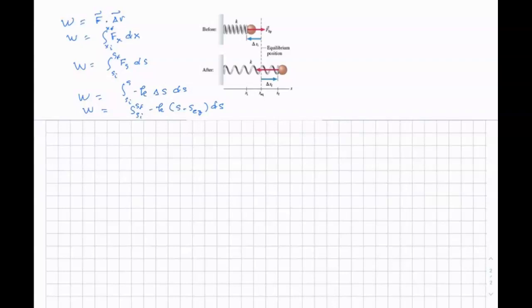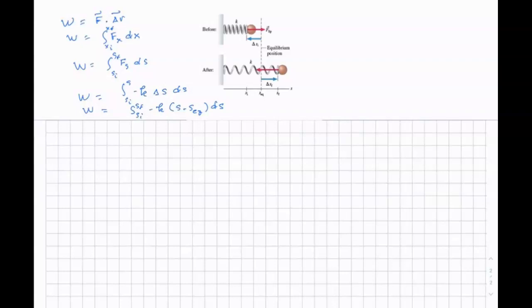So in my demonstration of how to perform the integral, I'm going to do it for you folks in particular, using the method of taking the area under the curve to evaluate the integral.